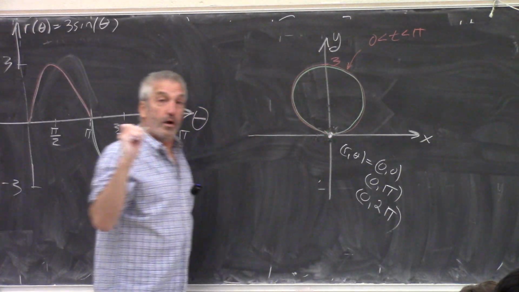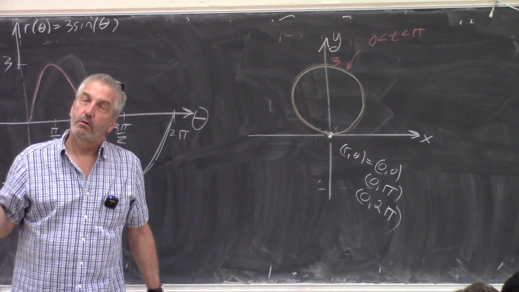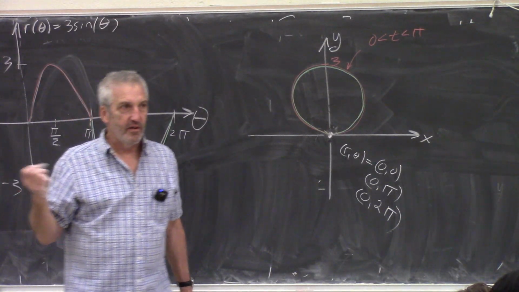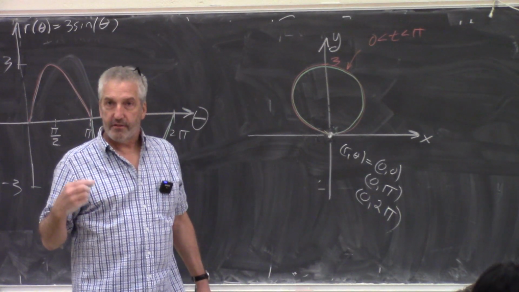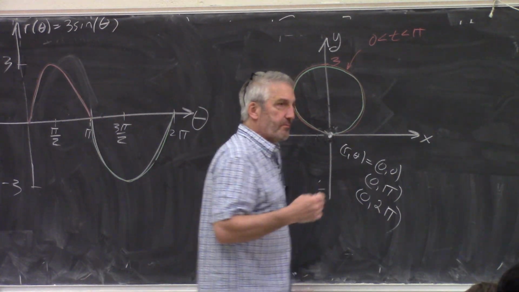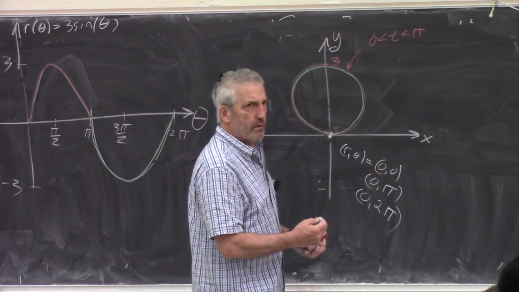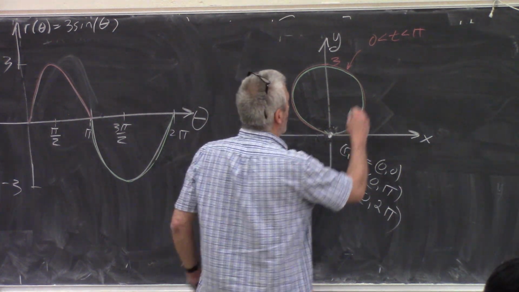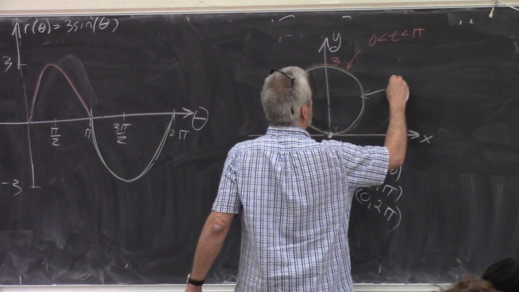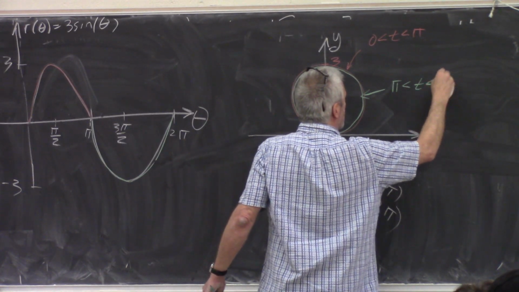So the curve is one circle. The path, I forget the terminology the book uses. The path is twice around. As theta goes from 0 to 2 pi, I go 2 times around that circle. But the curve is just the circle, right? But this is from pi less than t less than 2 pi.